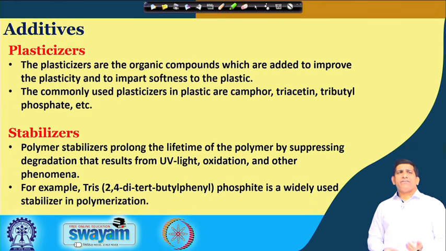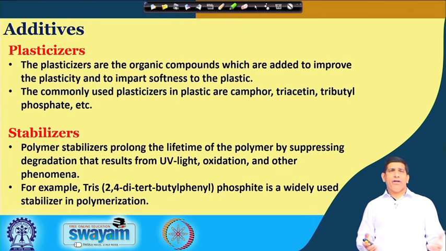Then you have a stabilizer. A stabilizer basically provides stability, because plastics will be exposed to light, to oxygen, to different environmental conditions. And the reason people buy plastic stuff is especially because it is stable. Say if you have a plastic chair at home, it's not that after just one winter, with the AC on and then it becomes too hot, and then again the AC on and too hot, it should crumble and start falling apart.